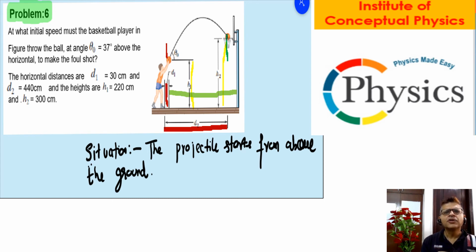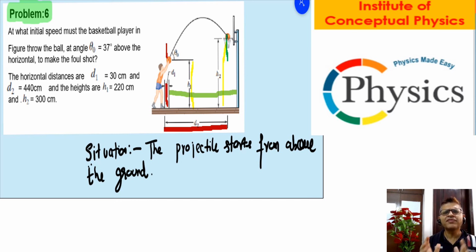And now you can apply the equation of trajectory, where y is equal to x tan theta minus g x squared over 2 u squared cos squared theta, etc. That equation of trajectory can be applied straight away because you know the x, the position of the ball with respect to the origin. You also know the y of the ball with respect to the hand, which is again the origin, right?